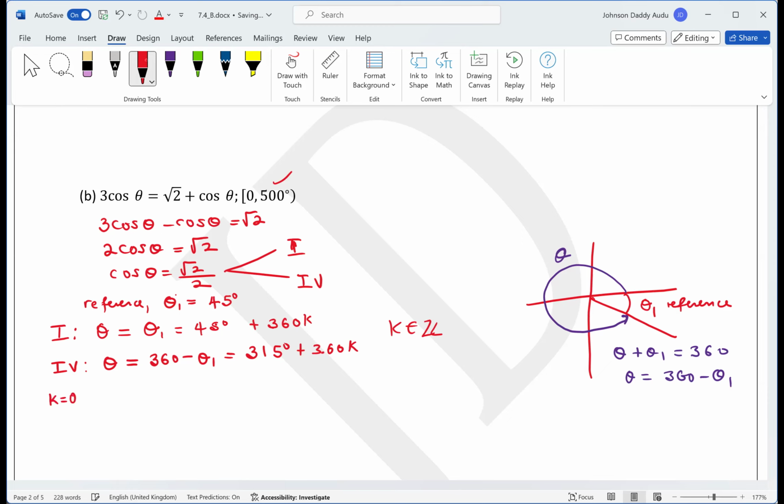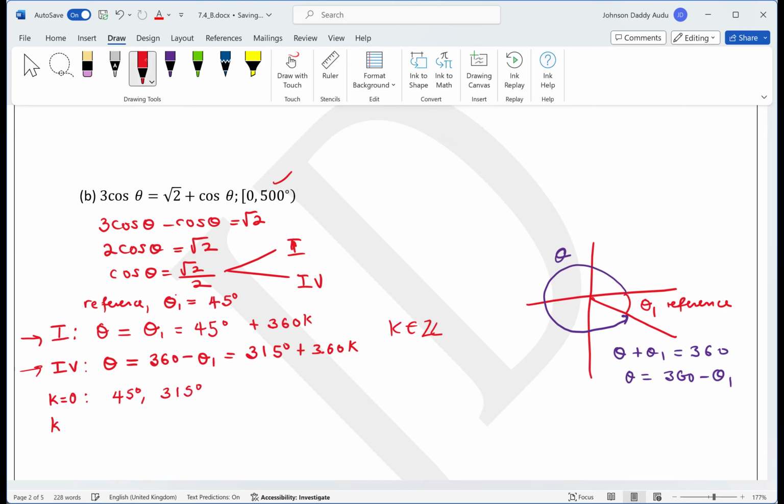You can start from k equals 0 because there are no negative angles required. So if k is equal to 0, from quadrant 1 we will have 45 degrees. And if k is equal to 0 and you plug it in here, you get 315 degrees.